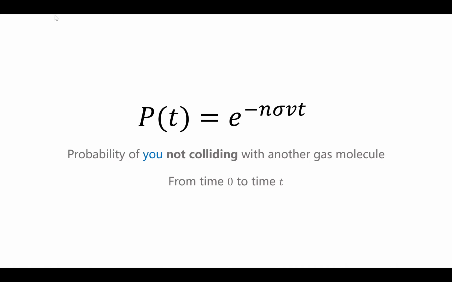So we have found the probability of you not colliding with another gas molecule from time 0 to time t. You can make sense of this by plugging in t equals 0. When t equals 0, the exponential term becomes 1. So the probability of you not colliding is 1, of course, because you haven't even started moving.